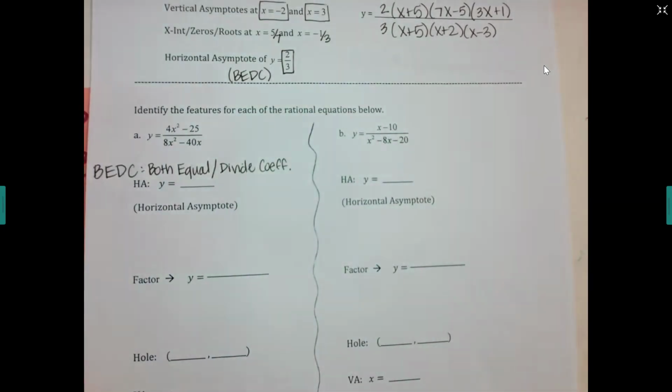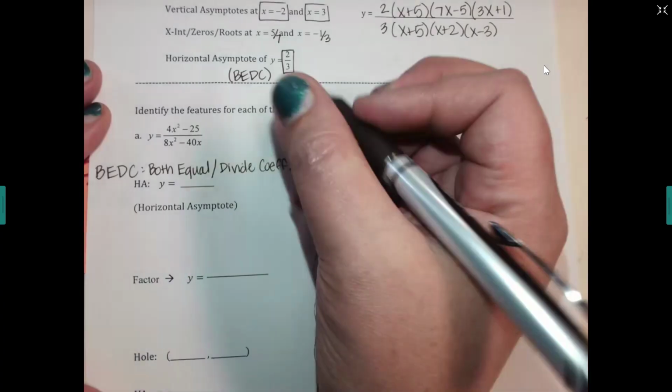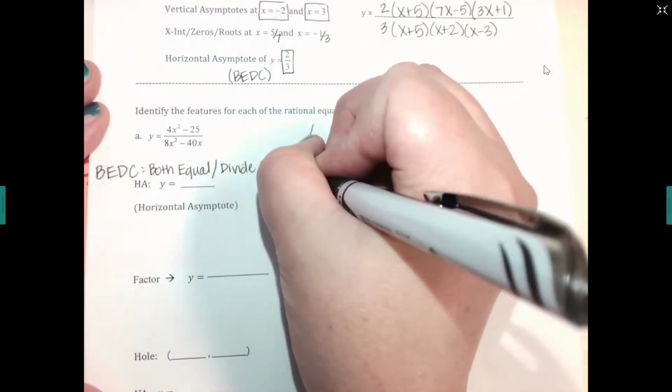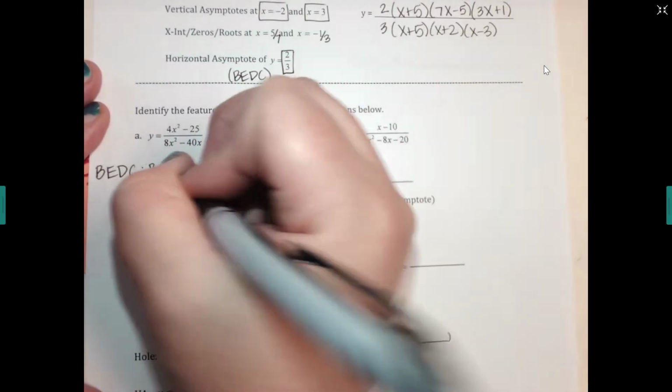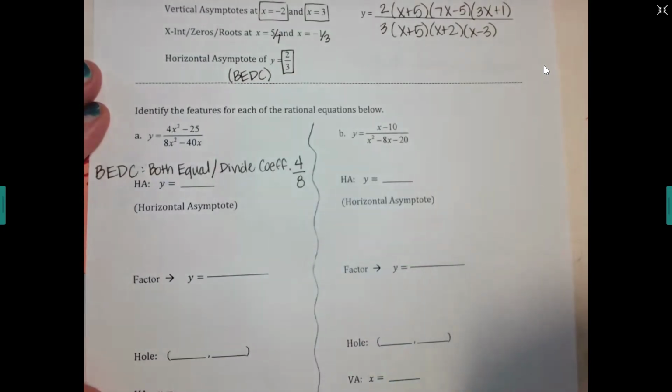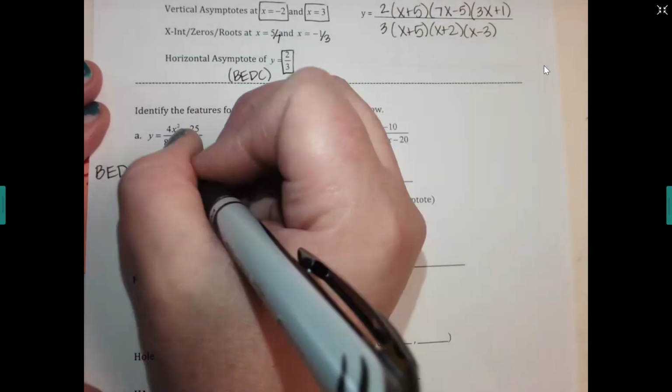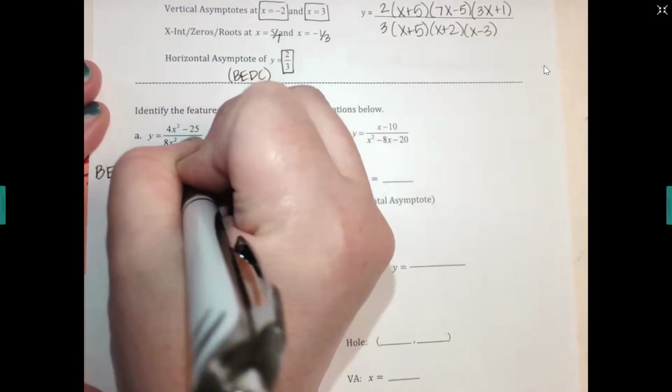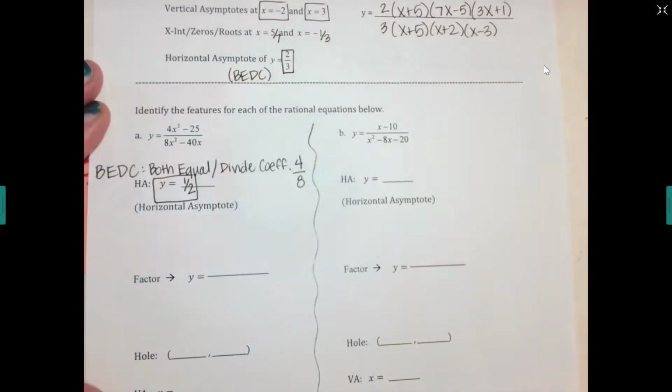Okay, and in this case, the coefficients I'm dividing would be 4 divided by 8. So what is 4 divided by 8? 0.5, or you could put a half. So I'm going to put a half, but 0.5 is fine. Okay?